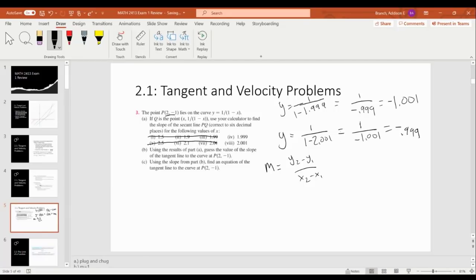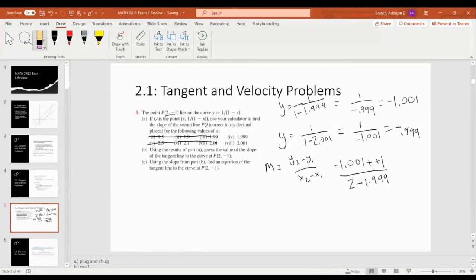We'll do negative 1.001 minus negative 1 over 2 minus, wait, actually, give me a second.